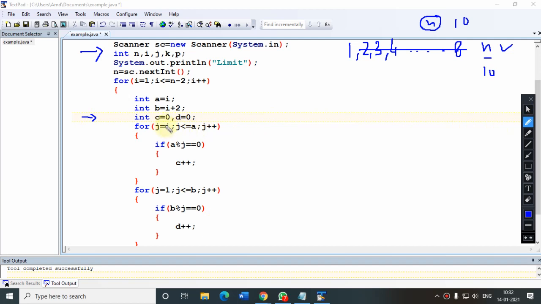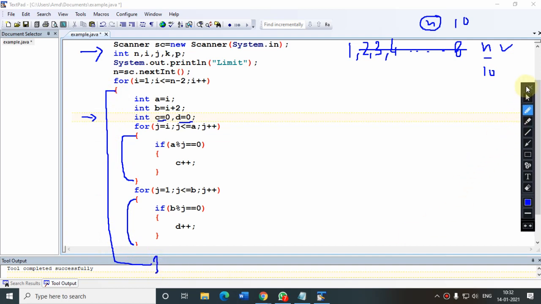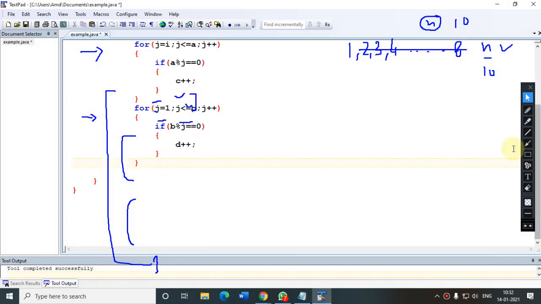But Anushka, this c equals to 0 and d equals to 0 must be inside the outer loop, because every time we are counting the factors of the natural numbers, that is your a and b, and there is already a difference of 2 that we have already done, like a equals to i and b equals to i plus 2. Am I clear? After that, what we are supposed to do?